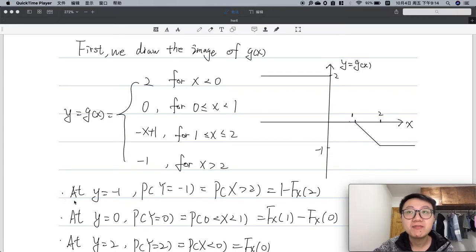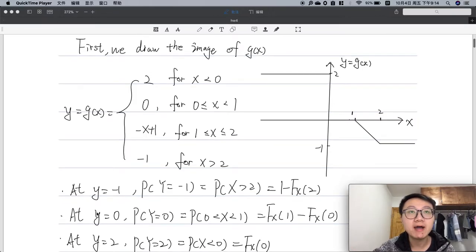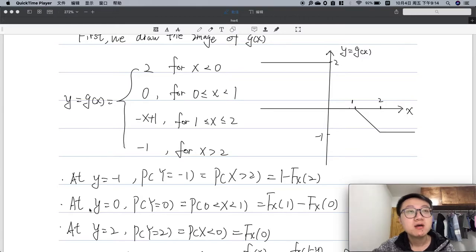That's the first one, and we can use this method for every point on y or every range on y. Just like when y is equal to 0, it is the same method.